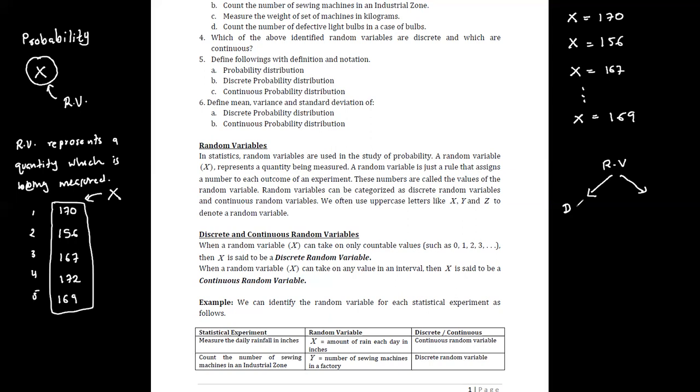The first is the discrete random variable, and the next category is the continuous random variable. Later, we will discuss these discrete random variables and continuous random variables in detail.